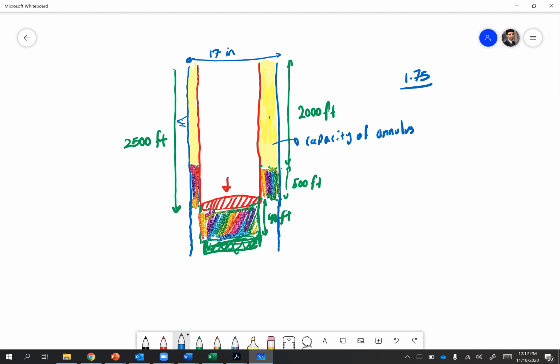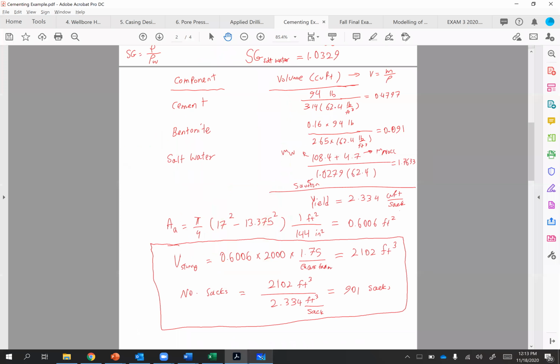In this case, it's 75% more than the normal volume that you calculate, and that is 1.75 in this case, right? So we calculated the annular capacity multiplied by the length multiplied by the excess factor. That's how much volume we would need.